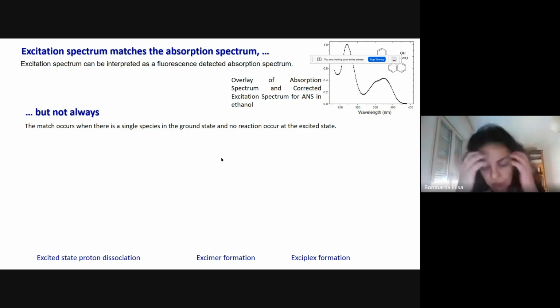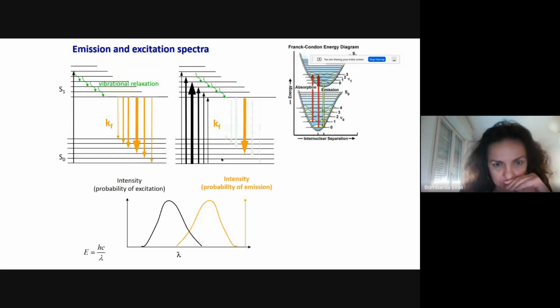So I insist a little bit on what excitation spectra are. Maybe I go back to my slides before. The excitation spectrum, as I was drawing here, is not absorption. Properly said, we measure fluorescence.